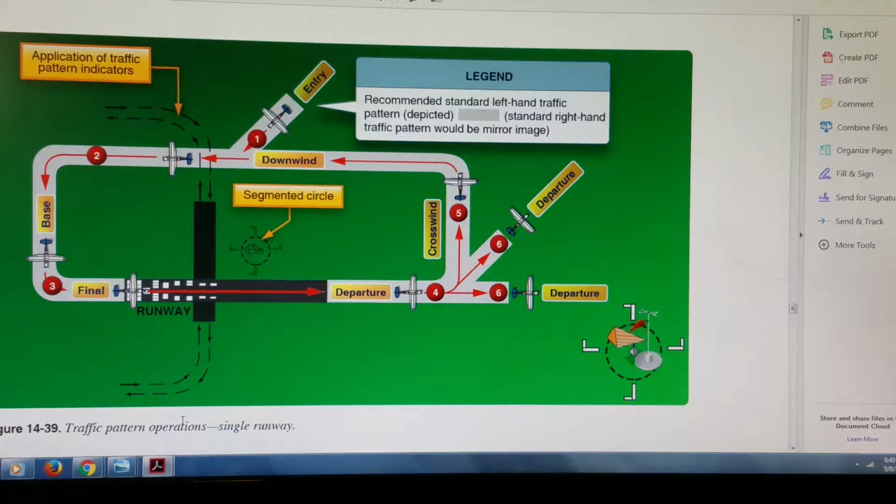Most likely the question would be an aircraft is coming downwind and you are operating your drone. How exactly do you know where this airport is in relevance to the runway?